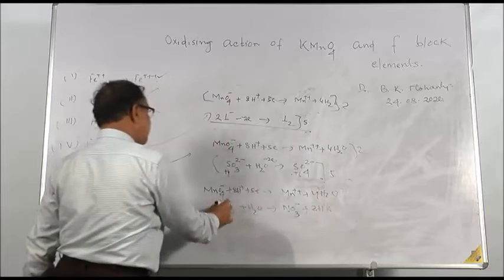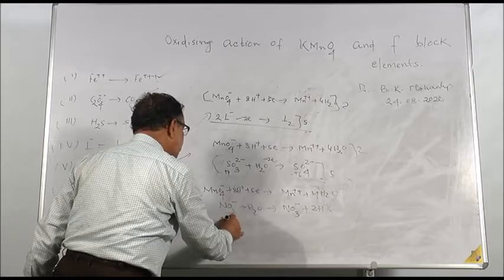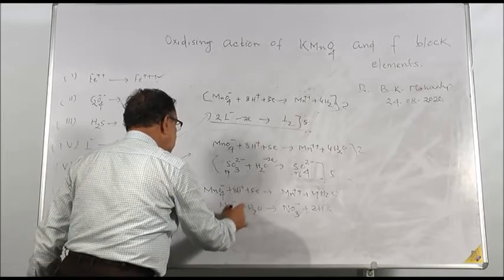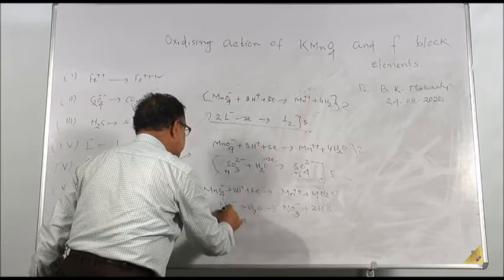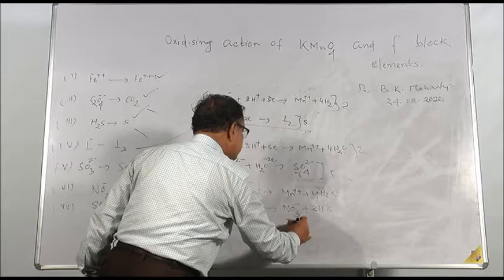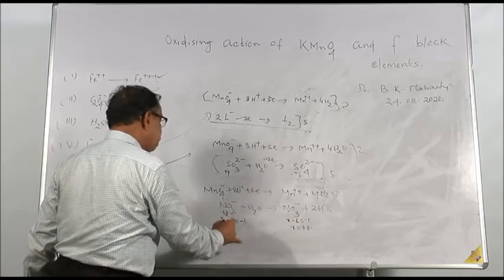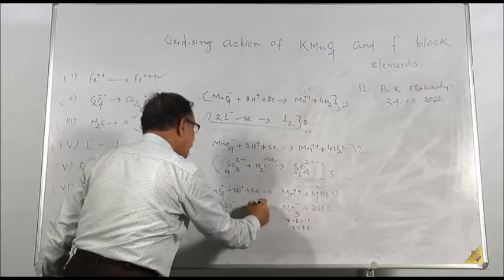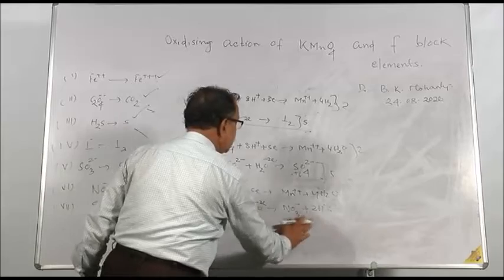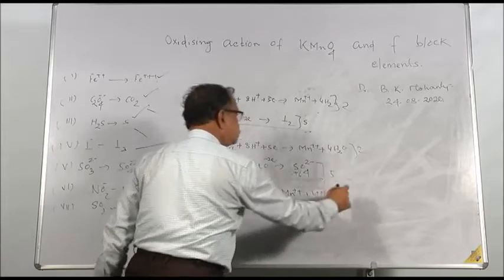Here nitrogen: x minus 4 is equal to minus 1, so x is plus 3. Plus 3 changes to x minus 6 is equal to minus 1, so x is plus 5. It changes from plus 3 to plus 5, so it will be minus 2e. Multiply here by 5 and by 2 and add.